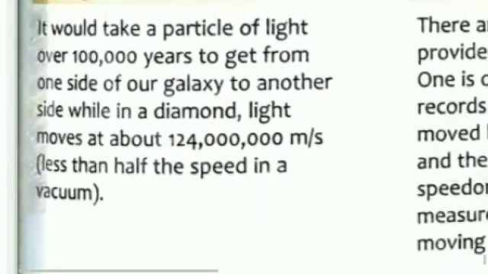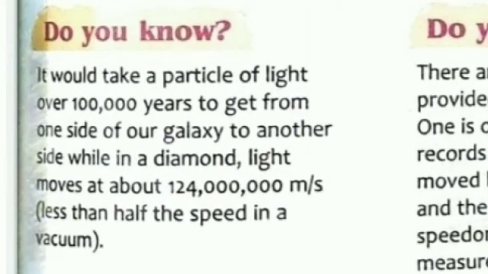First, it would take a particle of light over 100,000 years to get from one side of our galaxy to the other side, while in a diamond light moves at about 124, I don't know, 60 meter per second.